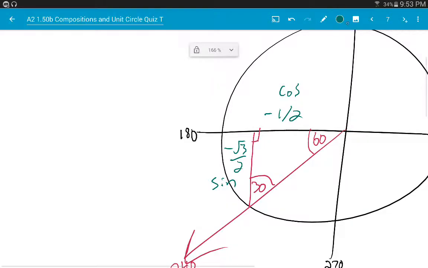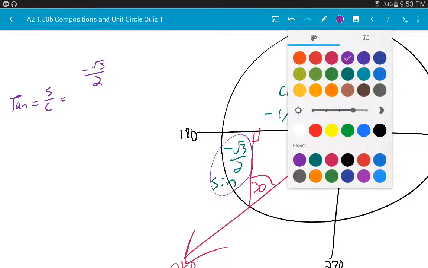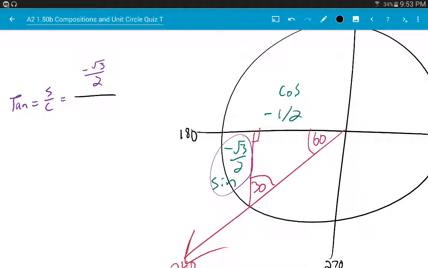Now we just need tangent. Tangent is equal to sine over cos. Sine is negative rad 3 over 2, so negative rad 3 over 2 over cosine, which is negative 1/2. And I don't divide fractions by fractions, I keep change flip.